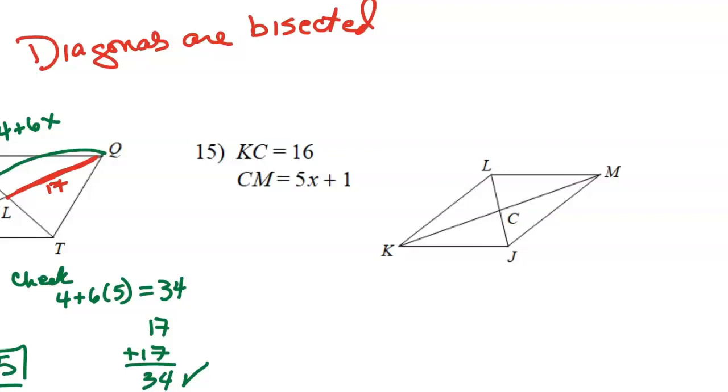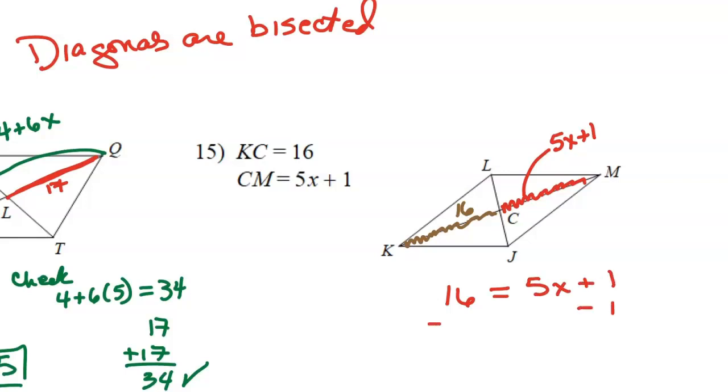Okay, next one. KC is 16. KC is right here. That's 16. CM, which is the other half, look at that. CM is 5x plus 1. In this situation, they're different halves of the same diagonal, and in a parallelogram, since your diagonals are bisected, you can set that equal.